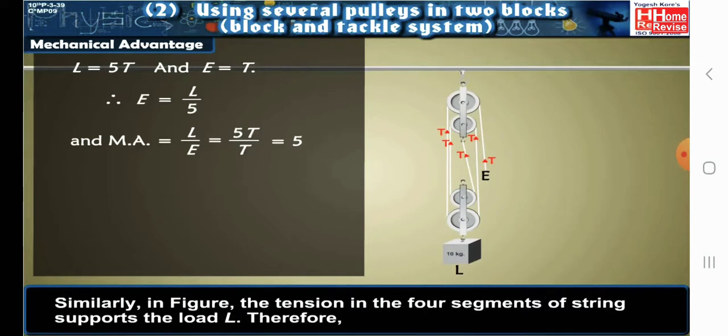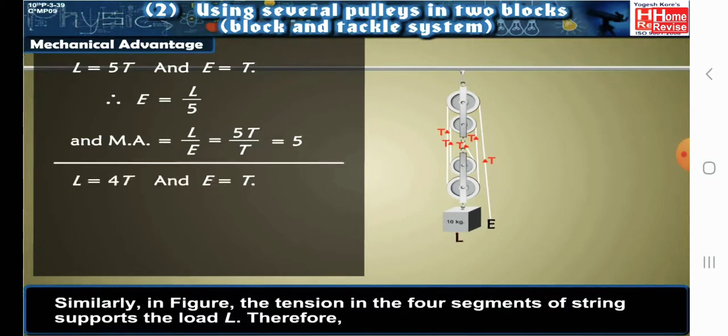Similarly, in the figure, the tension in the 4 segments of string supports the load L. Therefore, L is equal to 4T and E is equal to T. Therefore, E is equal to L upon 4. And MA is equal to L upon E, which is equal to 4T upon T, which equals 4.